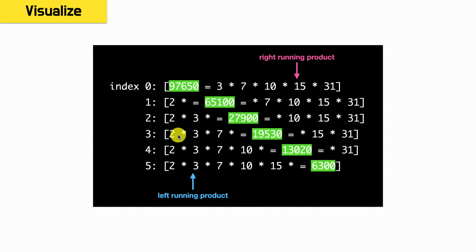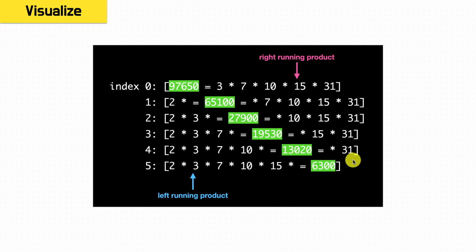Then, instead of recalculating 2 times 3, we just multiply 7 by the previous calculation, and so on for each index. So we're building it up where we have 2 times 3 times 7 times 10 times 15, and we store each previous step, and then we don't have to recalculate any of these extra values. So this is what I mean by creating a running product.